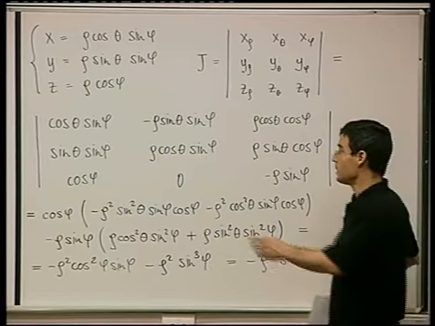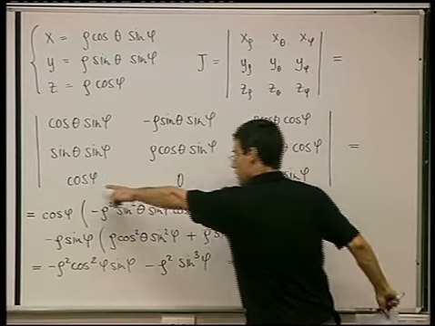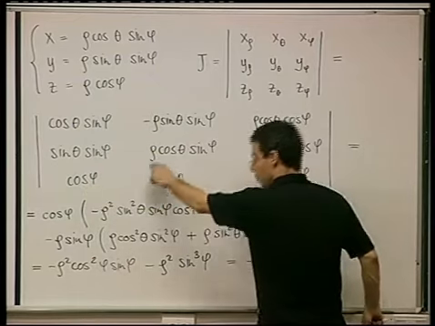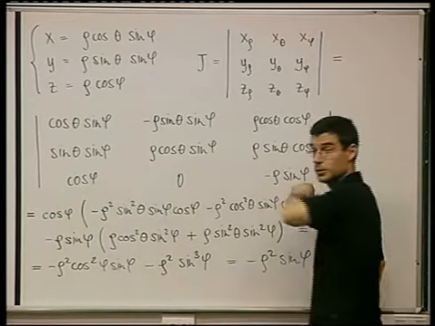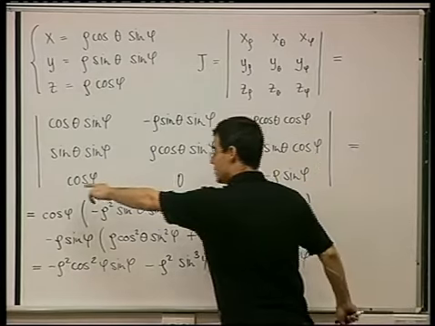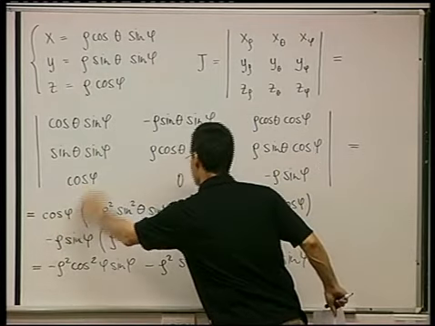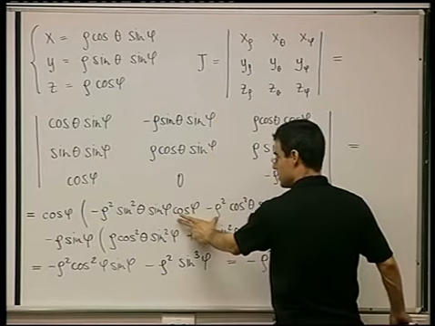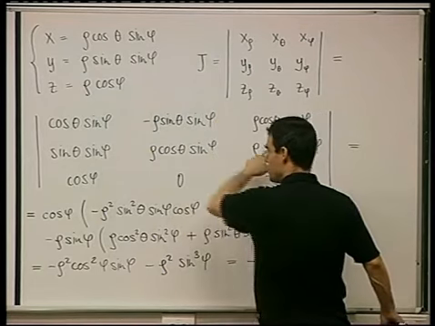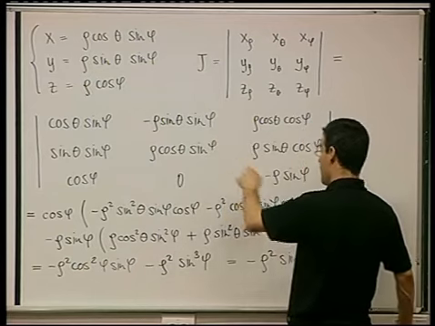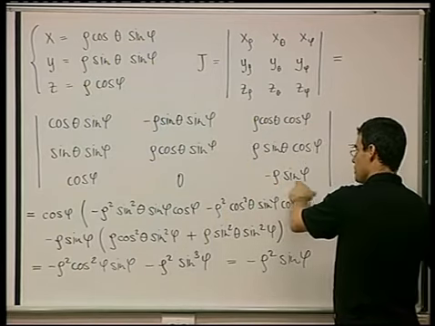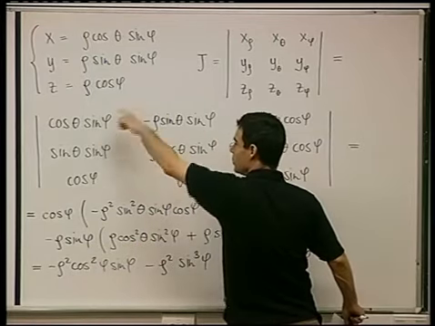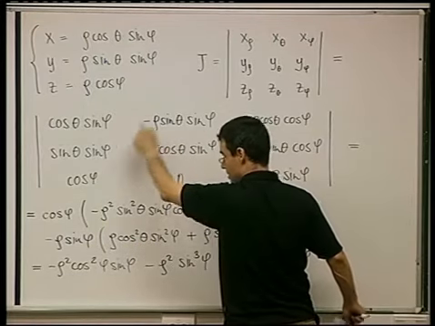And then I solved it. How do you solve a determinant? I chose to develop it using the third row, row as opposed to column. And it's cosine phi times this minor, this times this minus this times this, that's this, plus 0 times this minor, I didn't write that, plus minus rho sine phi times this minor, this 2 by 2 determinant, this times this, minus this times this.